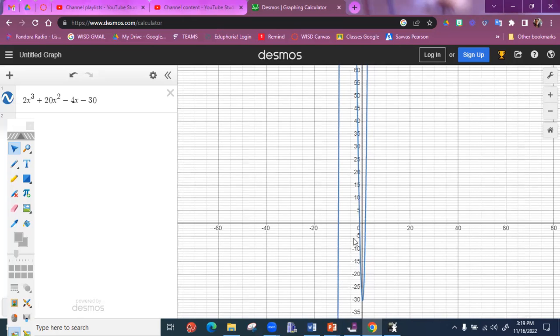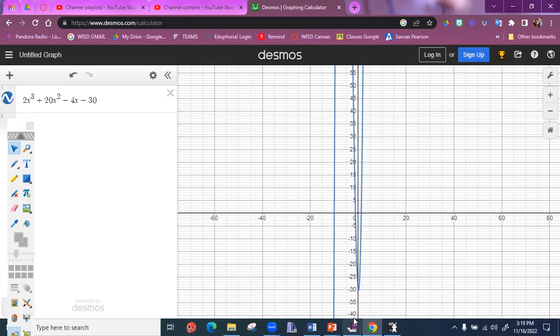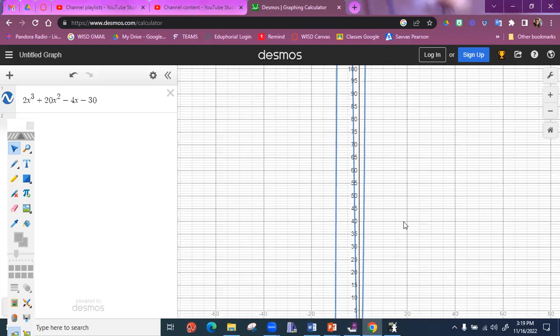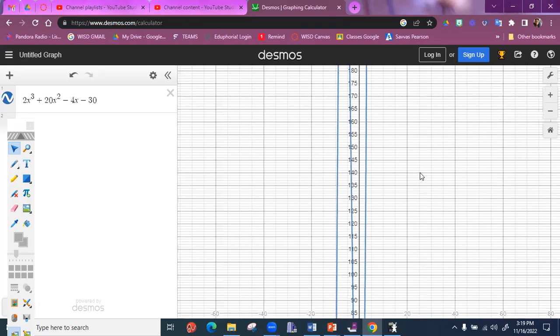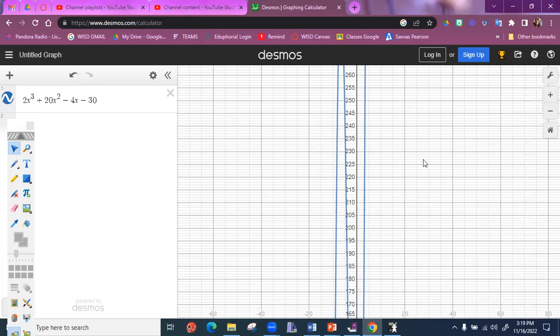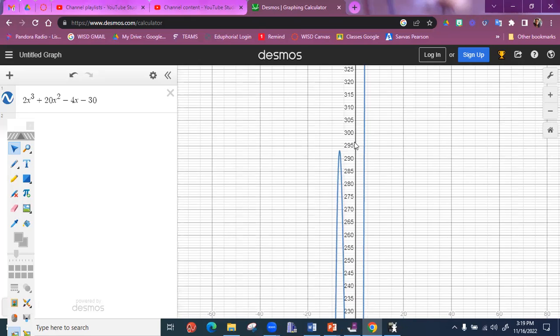So when I'm looking at this graph from left to right, what domain should I have so I can see this? I'm going to say between negative 20 and 20. Then from bottom to top, I'm going to say from negative 40, keep going, to 300.